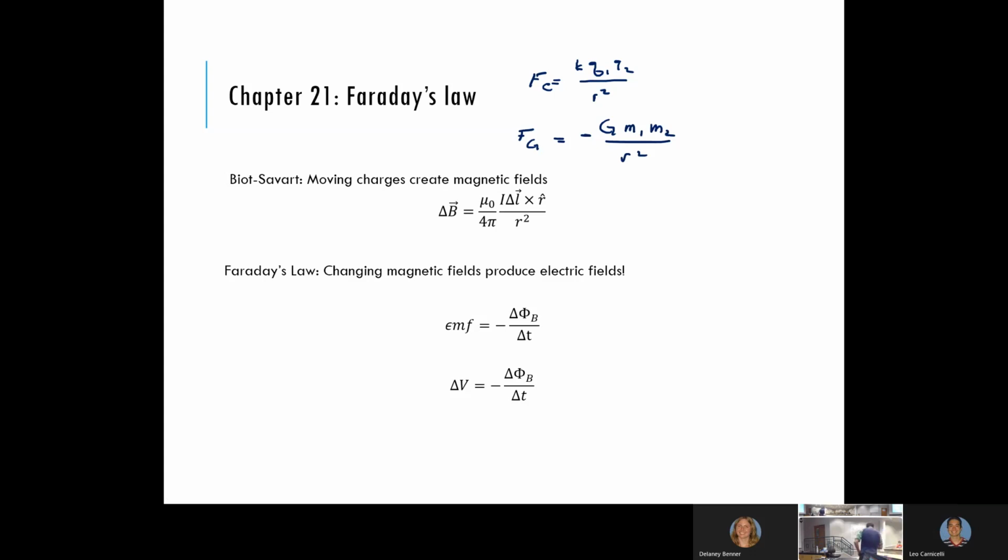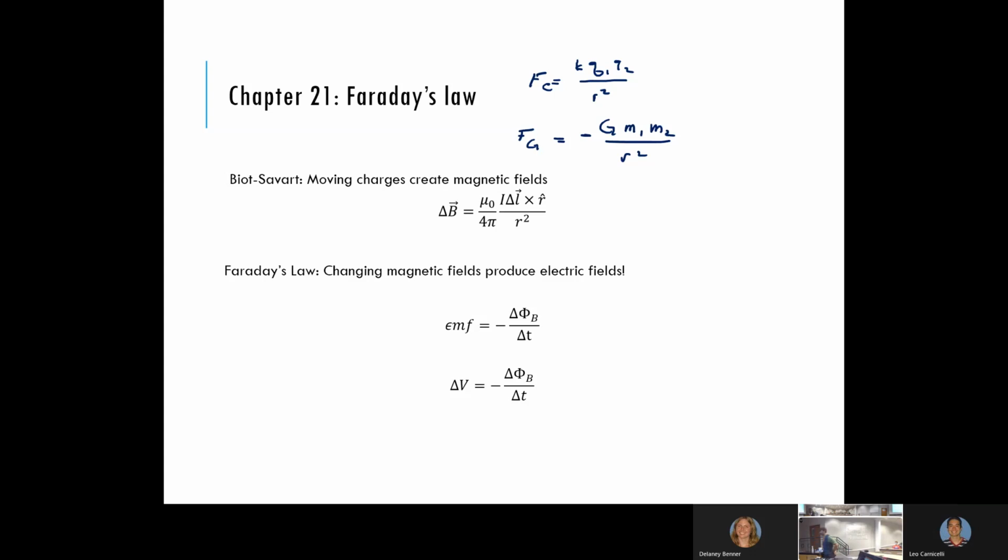And again, that negative sign is really important. That negative sign meant that gravity is always attractive. So those are more interesting negative signs.